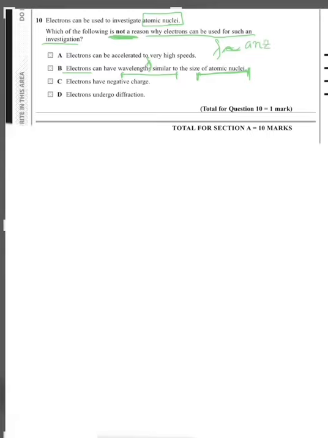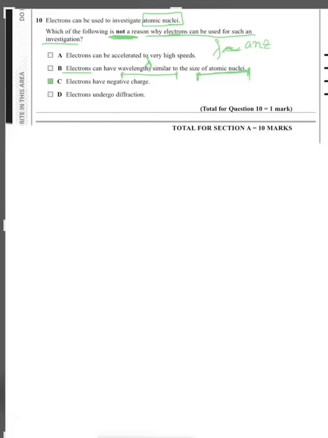This is correct. But this is not used to investigate the atomic nuclei. Like protons are positive charge, and they can also be used. So this is not a perfect reason due to which electrons are used. So C is the answer.